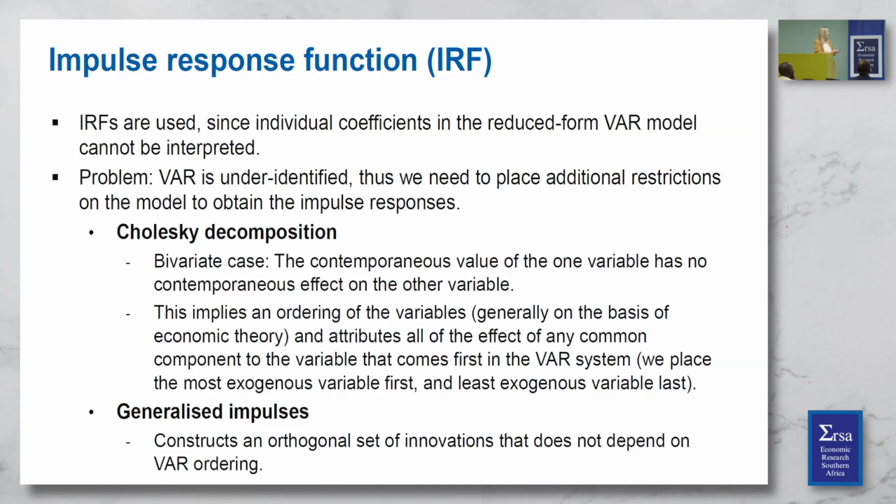In the generalized impulse responses, and we don't show the math here, the ordering does not matter. So that's why you see in practical applications, most papers will use generalized impulses. These orthogonal sets of innovations mean independent sets of innovations.